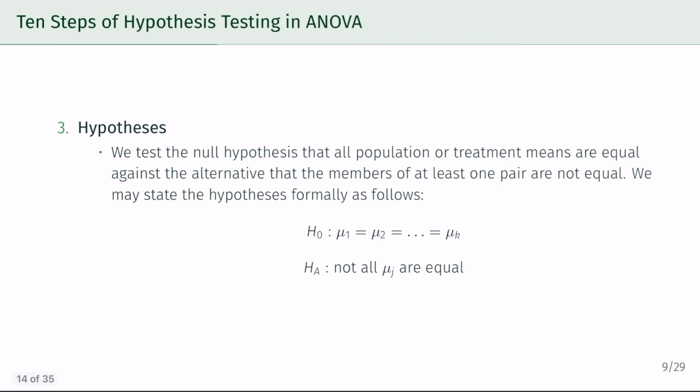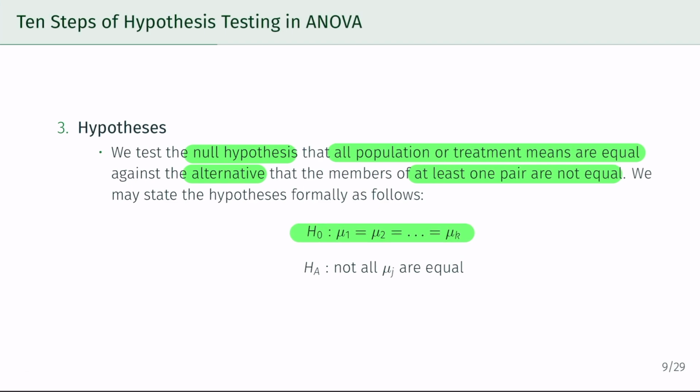We are basically testing the null hypothesis that all population treatment means are equal against the alternative that says that at least one pair are not equal. So we can write this as H naught: mu1 equal to mu2 equal to mu k, and Ha represents not all mu j are equal. Again guys, this does not mean that all of them are unequal.